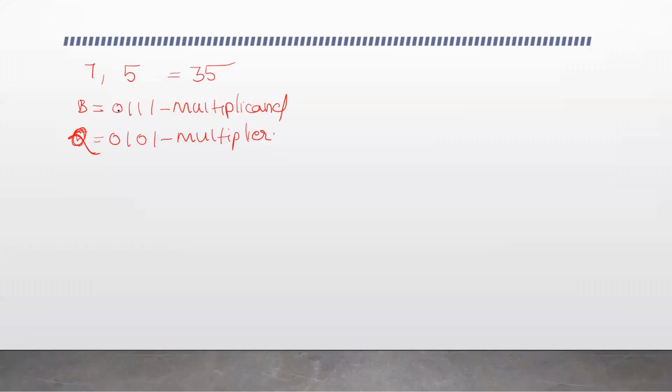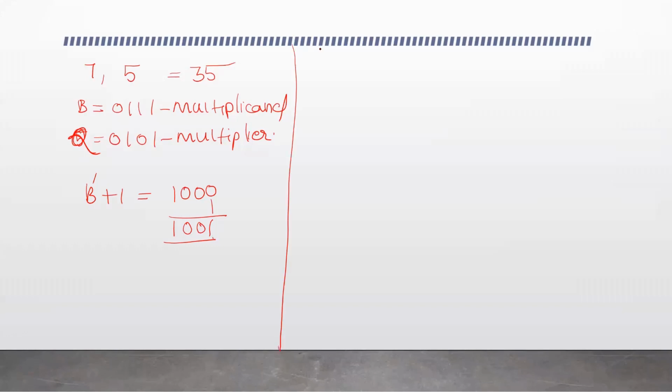And we also find the 2's complement of B. How do you find it? Invert the bits and add 1 to this, it is 1, 0, 0, 1, for subtraction.